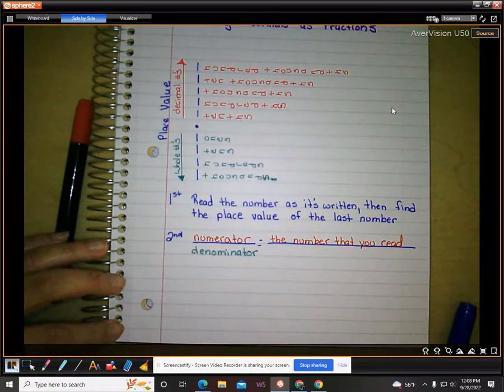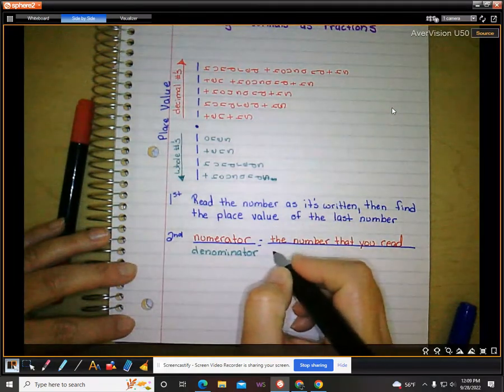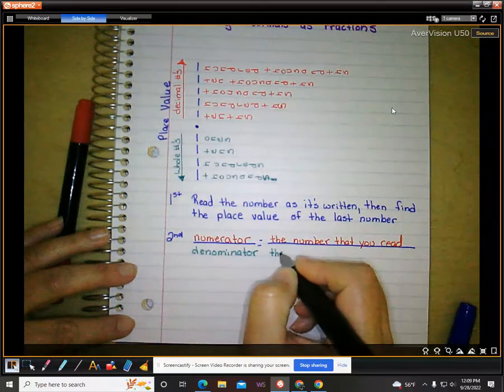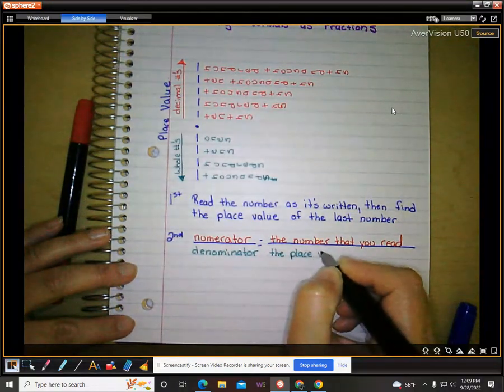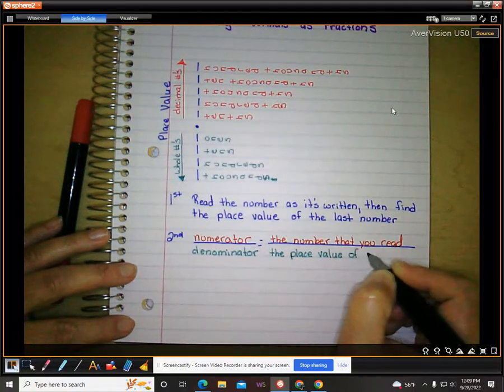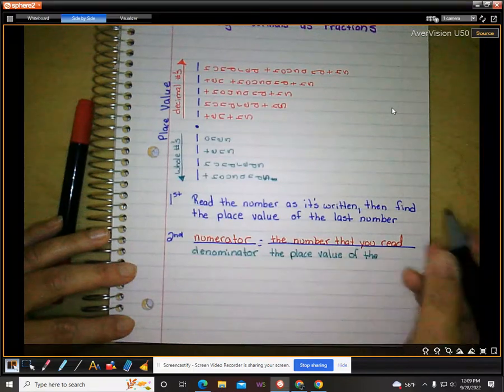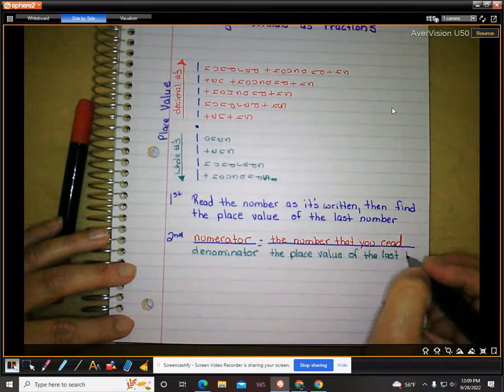And the denominator is the place value of the last number. And I'm going to teach you a shortcut.